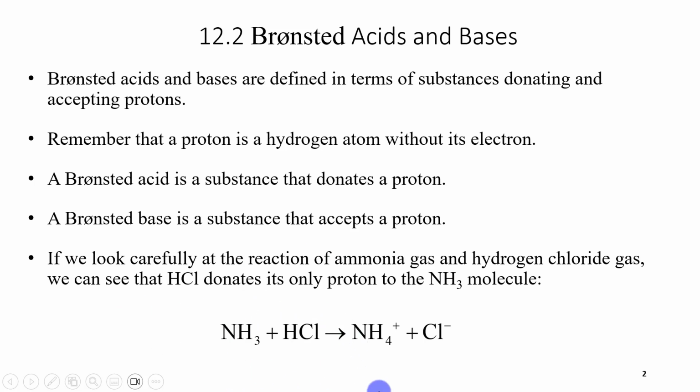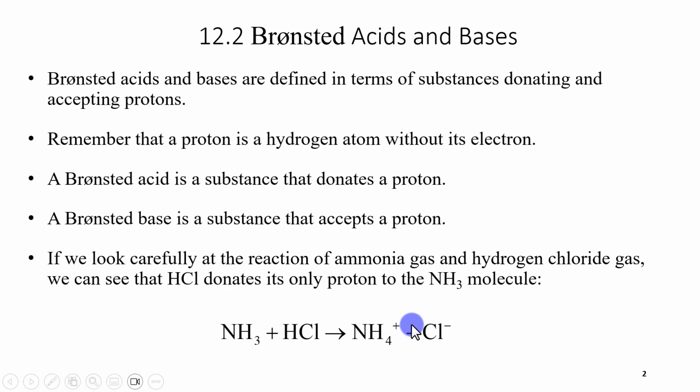Let's take a look at this reaction here. We have ammonia and HCl, and it produces NH4 plus Cl minus. How do we get from NH3 to NH4 plus? I'm increasing the hydrogen count and I'm getting a plus sign, which means that NH3 plus H plus gives me NH4 plus.